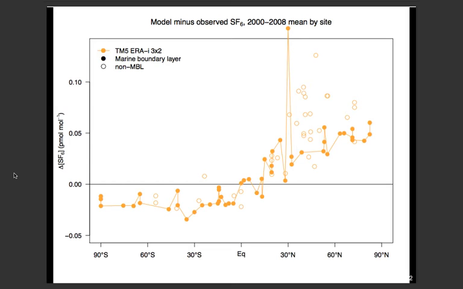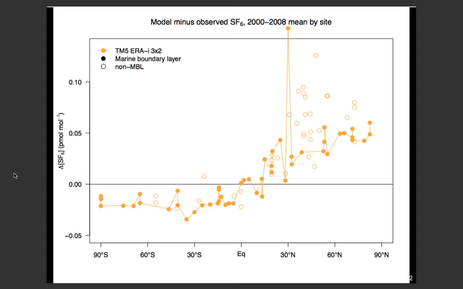This is a picture of how TM5 did with SF6 prior to a bug fix that we implemented. You can see these dark filled circles are marine boundary layer sites, and there's a bias, obviously. There's too much SF6 retained in the northern hemisphere, and it took 10 years for the TM5 team to figure out what was going on.